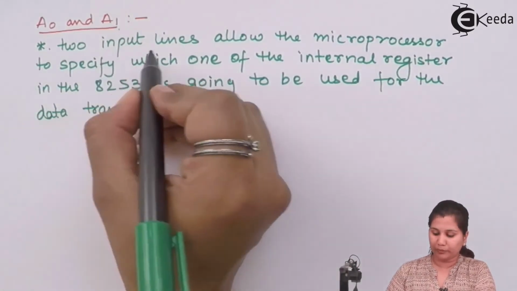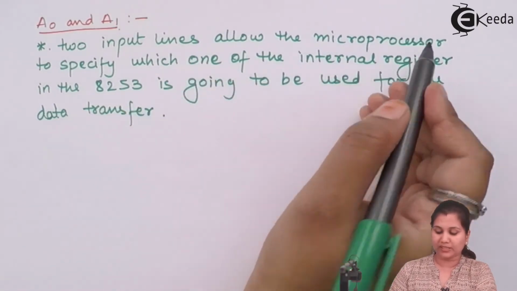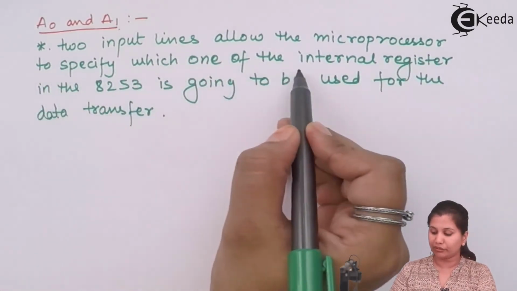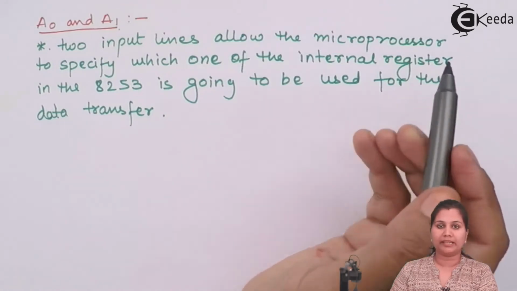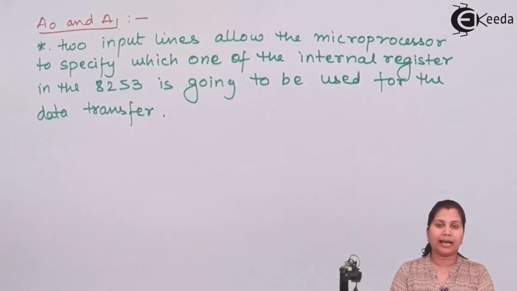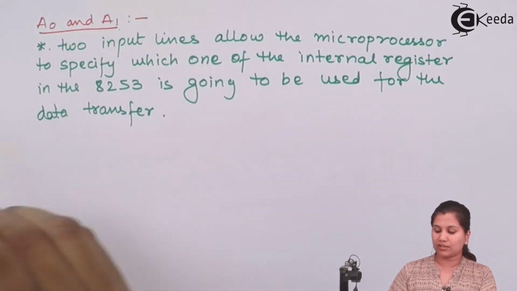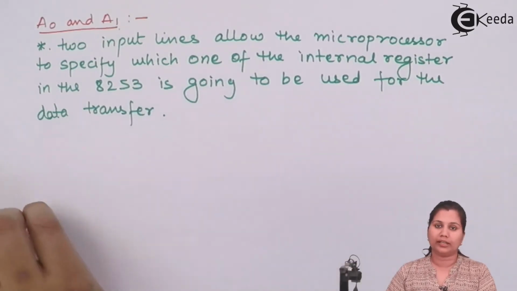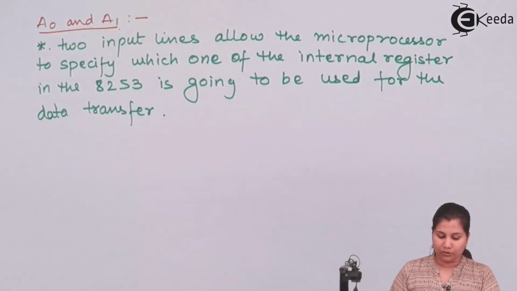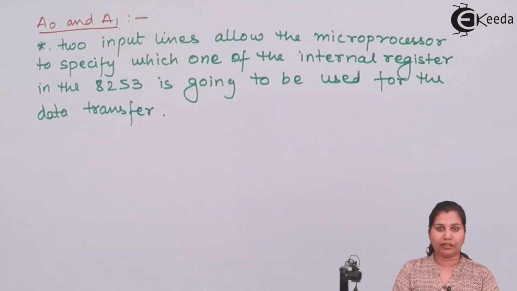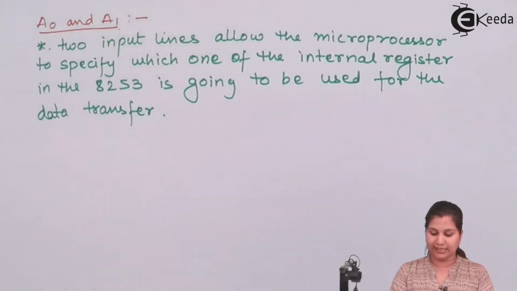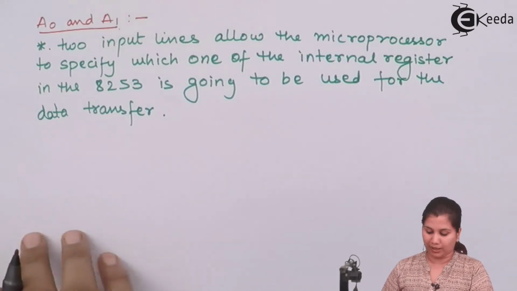These two input lines allow the microprocessor to specify which internal register, either the control register, timer 0, timer 1 or timer 2, is going to be used for the data transfer. Now let's see the table for how the two lines decide the transfer of data.